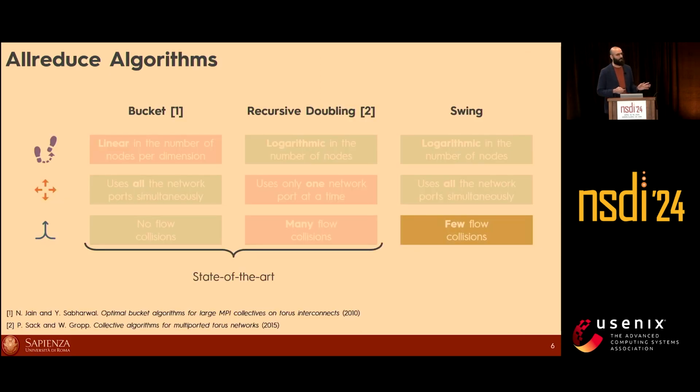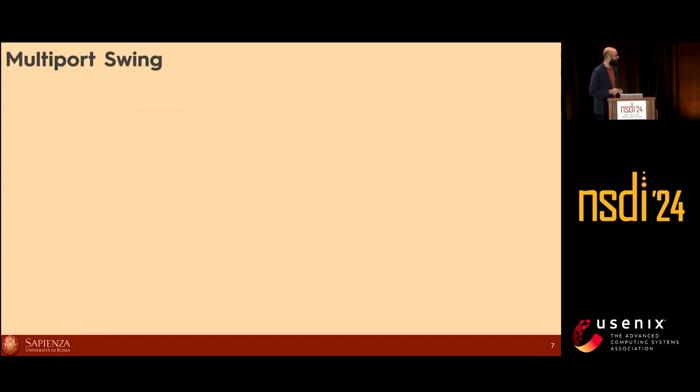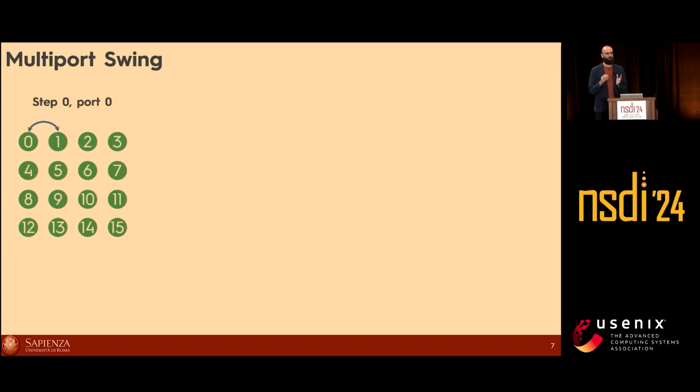Okay, so that was the first intuition. The second one is how can we use all the network ports simultaneously? And for doing that, let's consider what happens in the first step. In the first step, we say that each node communicates with the node at distance 1.